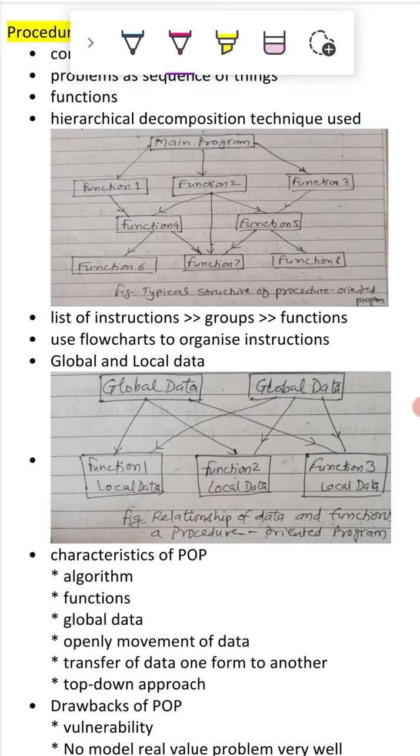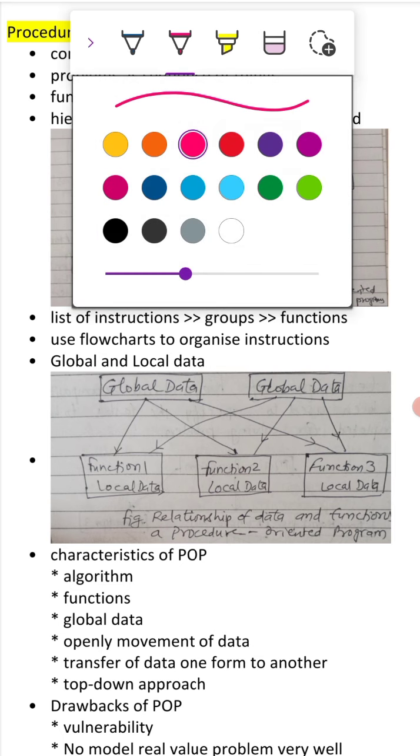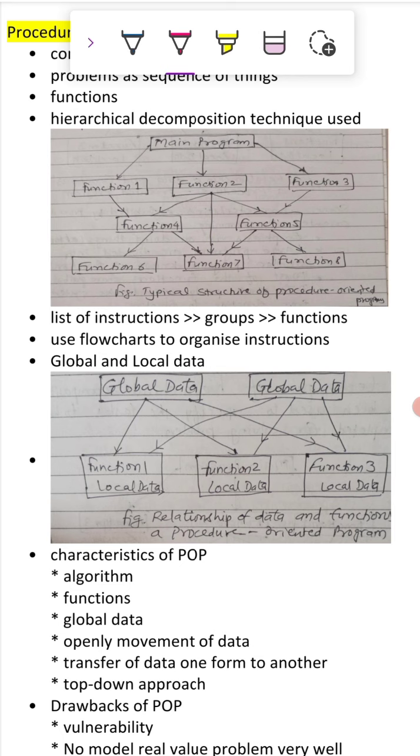You see here in the figure, the main program can be decomposed into many functions, say function 1, 2, 3, and so on, and then function 1 and 2 can be merged in function 4, like that function 2 or 3 can be merged in function 5, and then decomposed function 4 like that 6, 7 also using function 2, and in a similar way other functions.